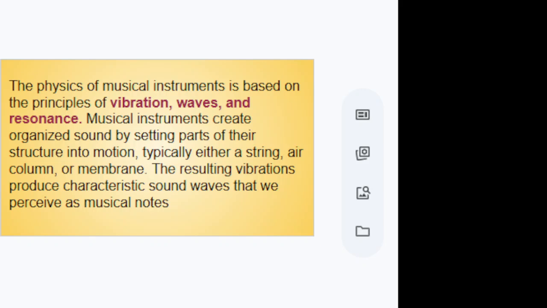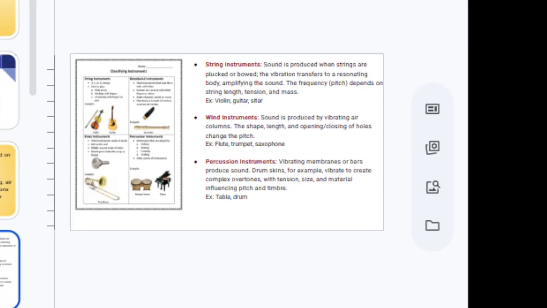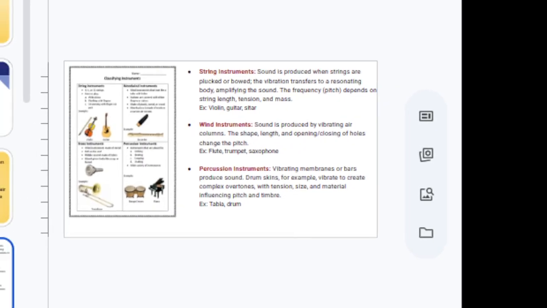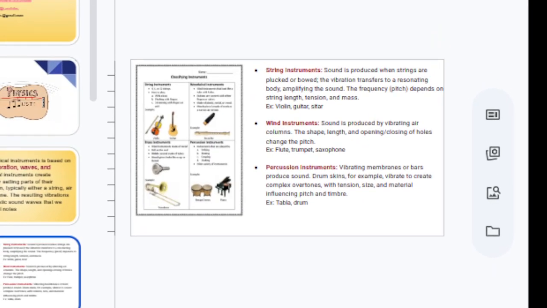These are characteristics of the waves which we discussed in my earlier videos. So we have instruments which are classified into string instruments, wind instruments, and percussion instruments. In string instruments, sound is produced when the strings are plucked, like Veena, guitar, sitar and so on.